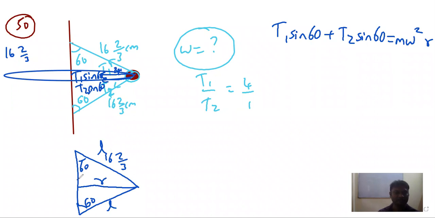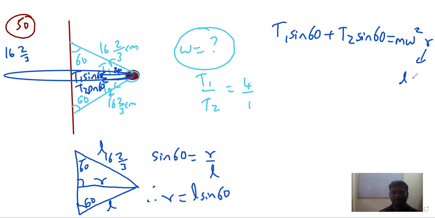So in this right angle triangle, we can take sin 60 is R upon L. So R will be L sin 60. So I can substitute this value of R as L sin 60. So T1 sin 60 plus T2 sin 60 is equal to m omega square L sin 60.